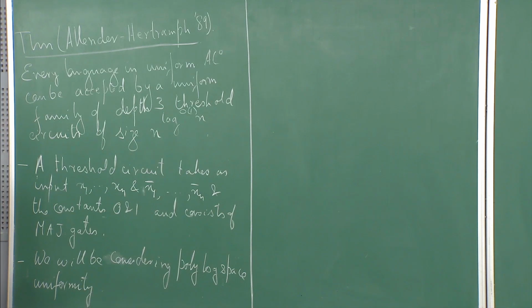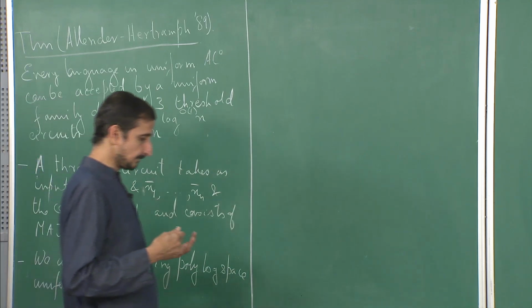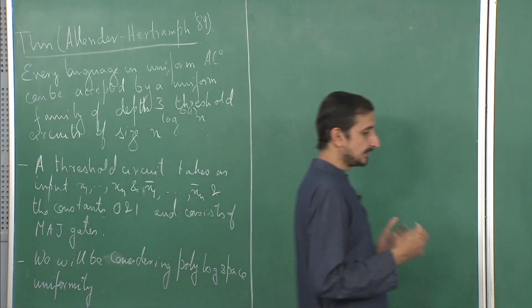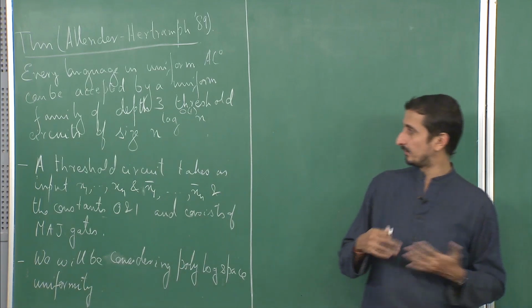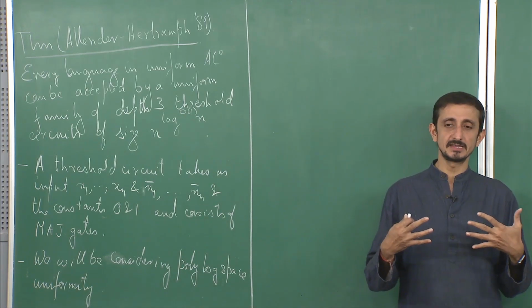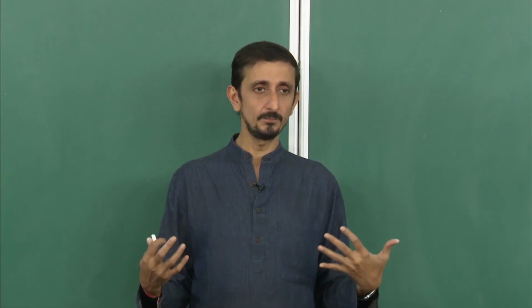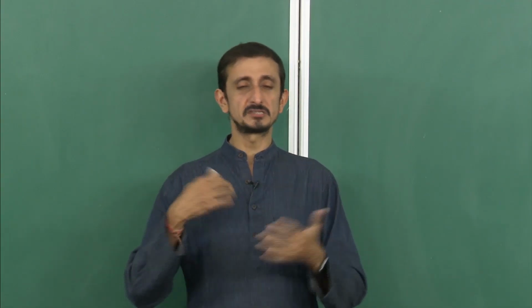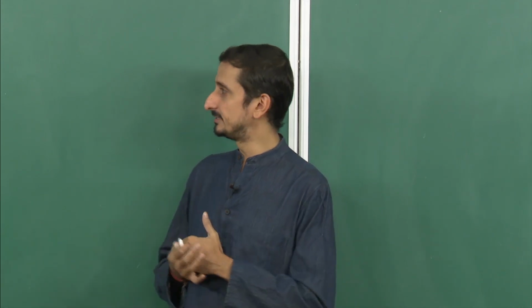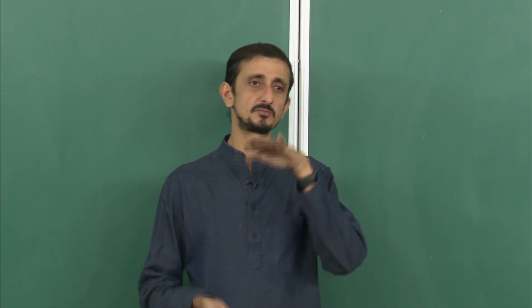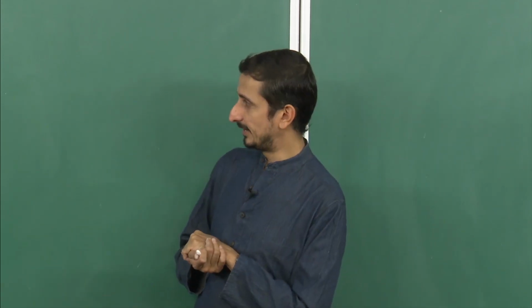So this is what we are going to see, and the reason why this proof is very interesting is because it uses linear algebraic techniques. It shows that we can represent circuits as a type of polynomials over GF2, well, approximated as a type of polynomials over GF2, and then using those polynomials we will reduce the depth.